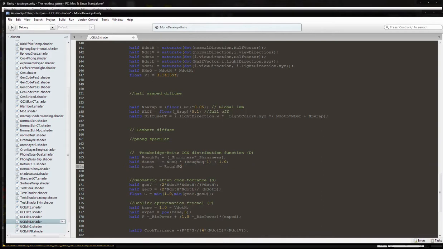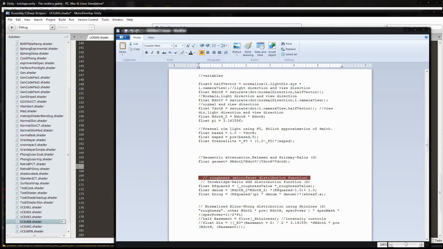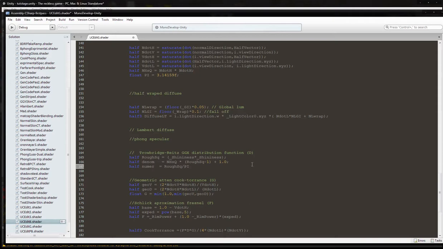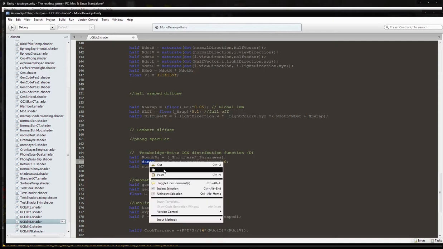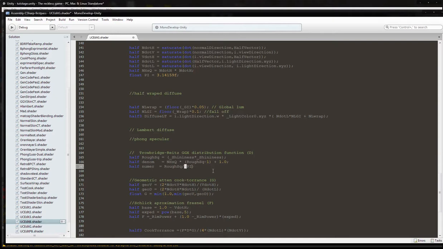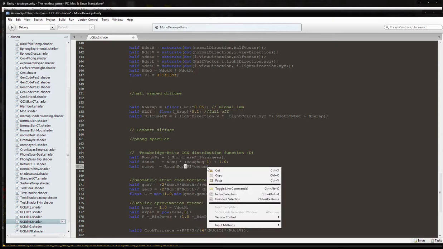It should be roughness squared divided by pi, or rough squared, but first it's squared, and then it's going to be rough squared divided by pi times denominator times denominator.